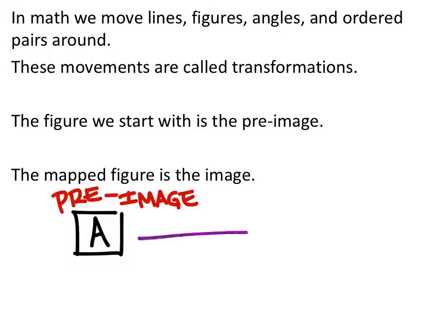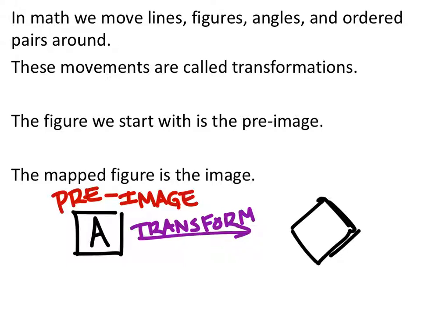Now if I take this preimage and transform it, no, not Optimus Prime. Well, I could take this thing and transform it. Let's say that I transformed it kind of like this. Now that it's been transformed or mapped, we would call this the image.